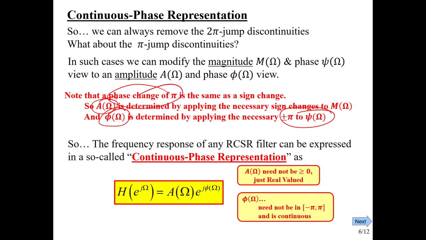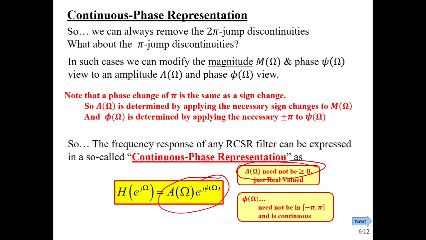So here's the idea. Once we have converted into this a of omega and this phi of omega, and we'll look at an example on the next slide of how we do this, we now can write this. It looks like it's in polar form, but now a of omega need not be strictly non-negative. It just needs to be real valued.